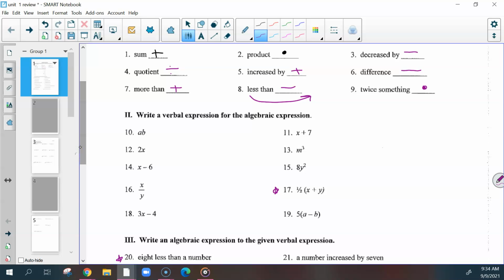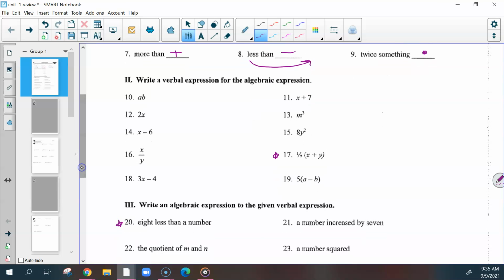Okay. We're going to jump down to number 17. We need to write a verbal expression for this algebraic expression. Someone tell me what words you come up with, Jenna. The sum of a number and the number multiplied by 1/2.